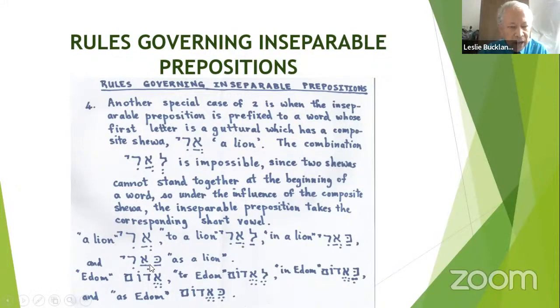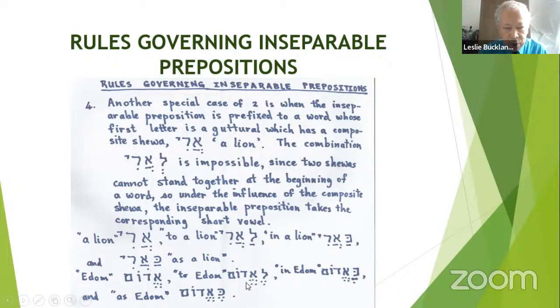And the same thing happens here. You don't have ke-ari, but ka-ari. The kaf has taken the pathak that is part of the composite shua under the guttural consonant aleph. Ka-ari, as a lion. Now notice something that happens with edom. When you have to edom, the same principle happens. The simple shua is removed because two shuas cannot be together.